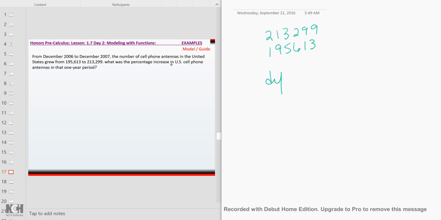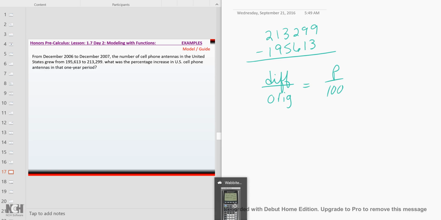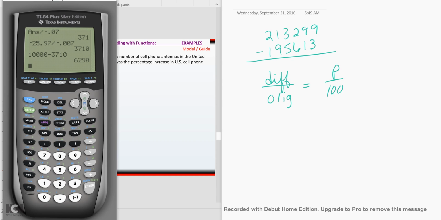Well, again, our proportion is difference over original equals P over 100. So first thing I have to do is find the difference. I have 213,299 minus 195,613.